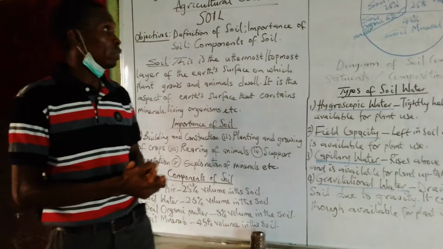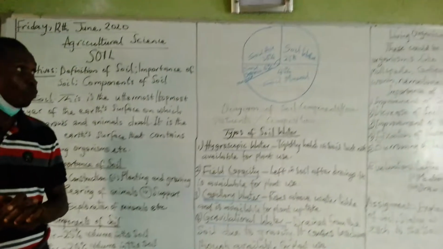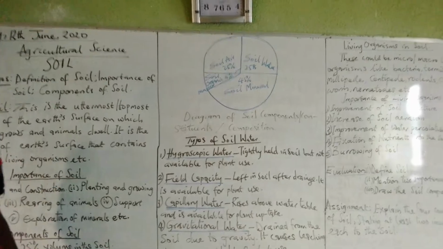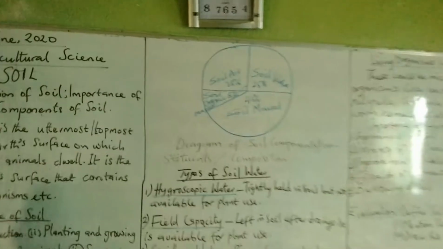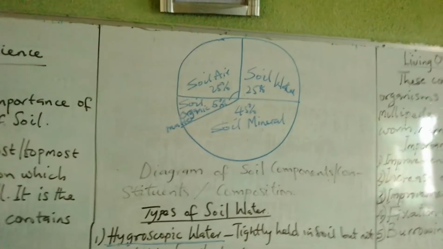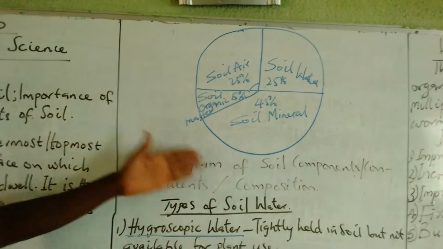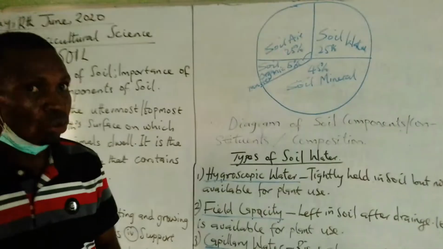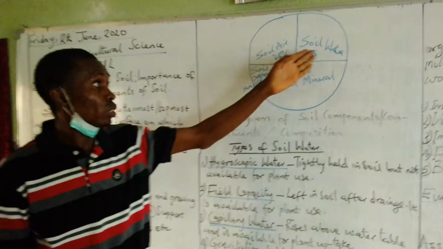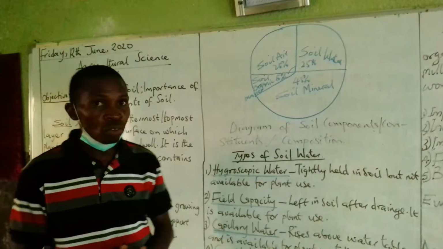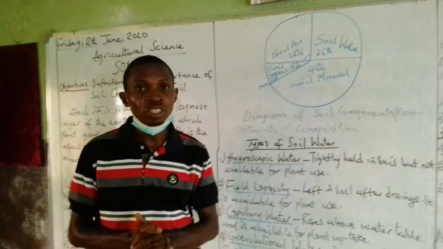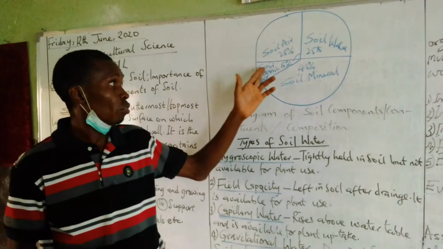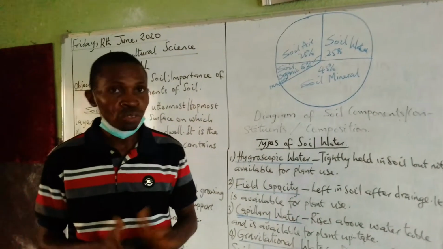The soil air is 25% in volume in the soil. That has to do with aeration in the soil. This is the diagram of soil components. Then soil water is 25% in volume in the soil. Soil mineral is 45%, and soil organic matter is what?